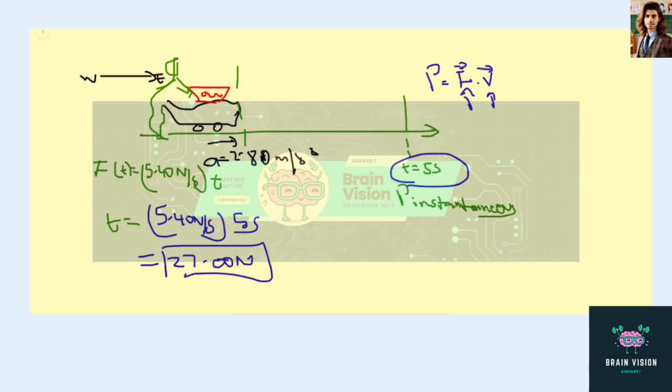We need to find the velocity at 5 seconds. We'll call that V final. Kinematic equations say that V final equals V initial plus at. The initial velocity is 0 meters per second because the cart, when time is 0, doesn't have any velocity.